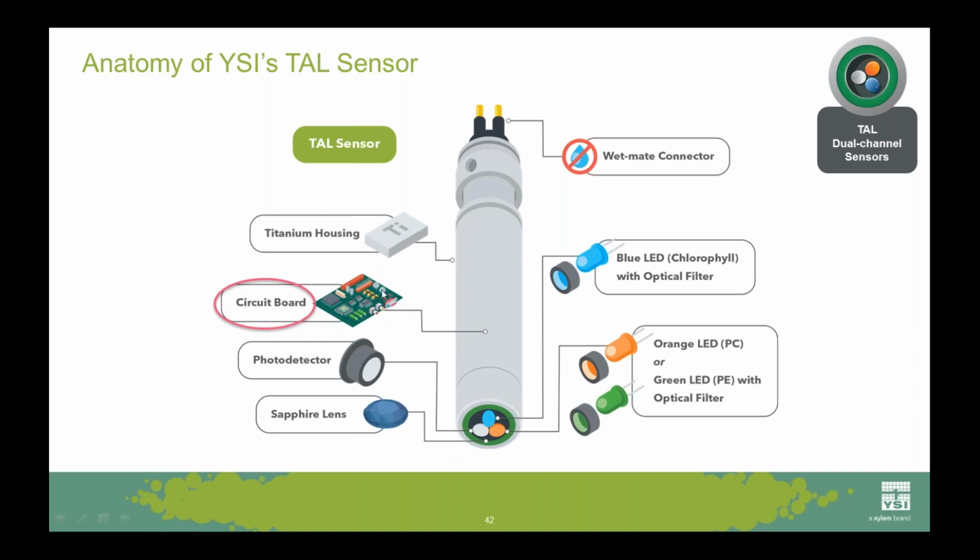So really good board design leads to good signal to noise ratio, which means you get lower detection limits. So getting that really high sensitivity, which is what we mean by low detection limits, without sacrificing the specificity that you got with these LEDs, that is the mark of a great sensor.